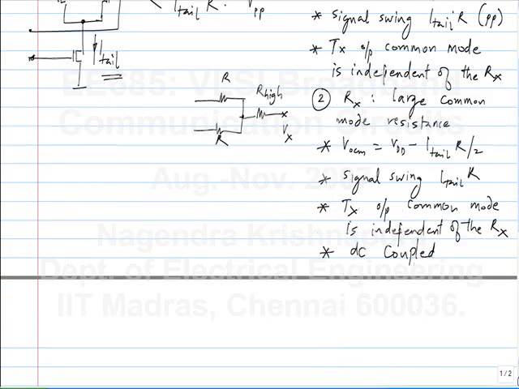Okay, what else is the difference between the two? Is there any? Is there anything else? So the first technique will need large capacitors. Okay. The other difference is from the point of view of the receiver.